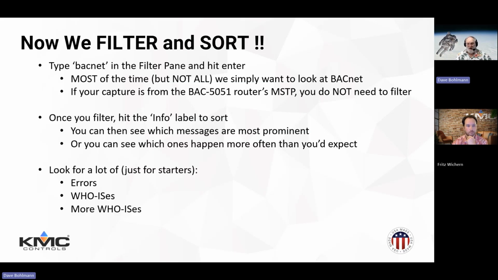You might ask yourself, why am I getting a lot of errors, for instance? Or why do I have a lot more Who-Is statements? A lot of times, for troubleshooting BACnet, there's really only, I don't know, six or seven, maybe eight different kinds of typical issues that I find, and it doesn't take too much practice to become proficient at looking for that.